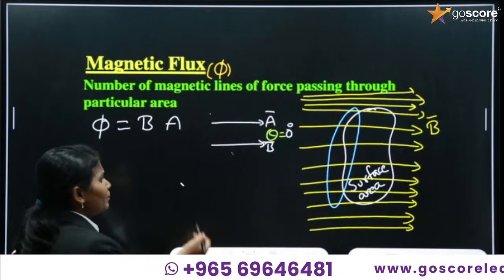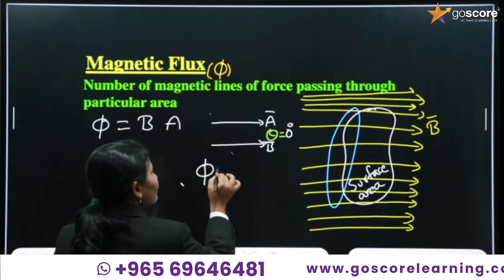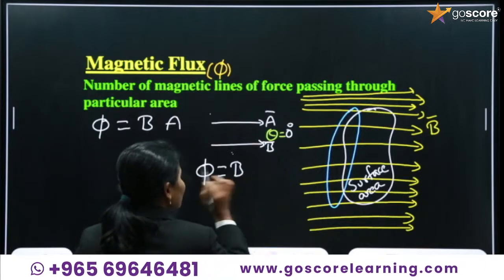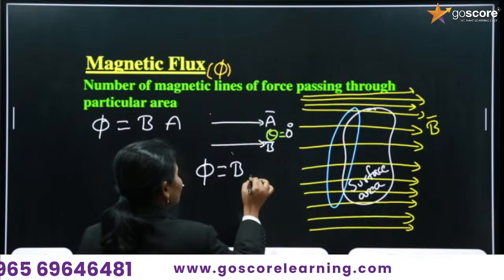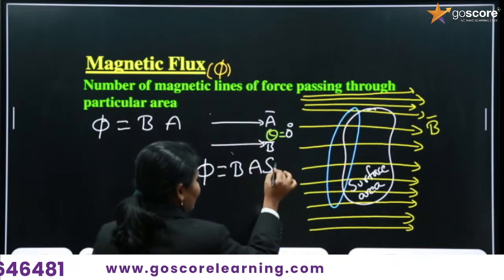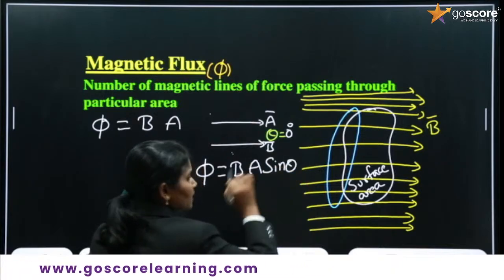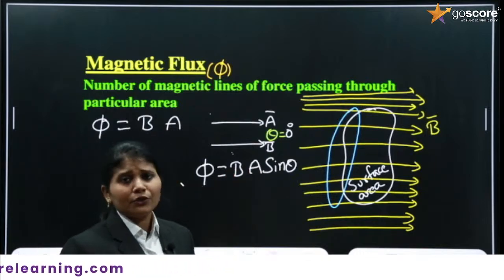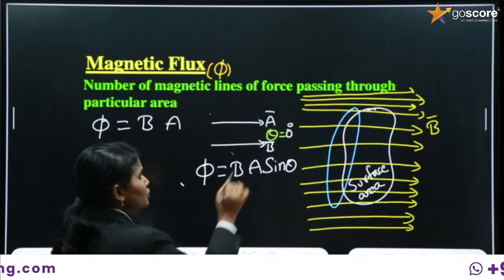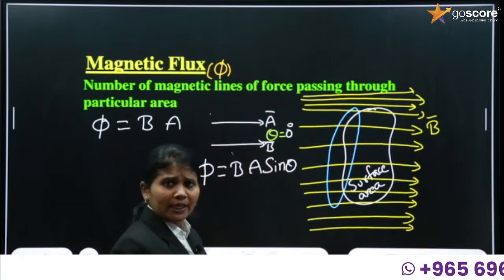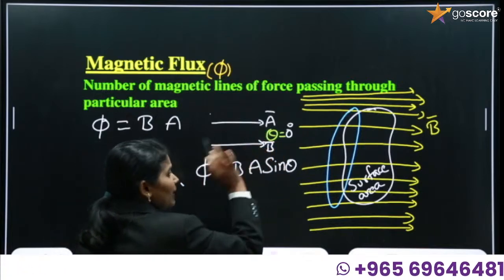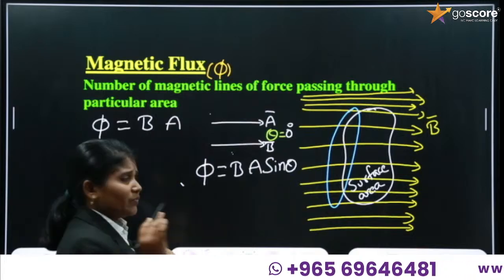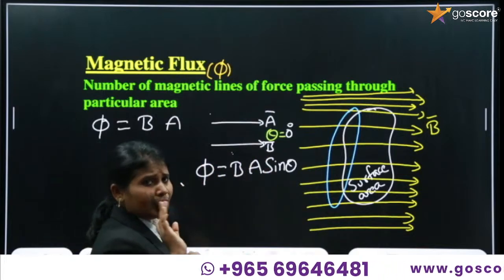Then if I take flux as the vector product, what is the equation, guys? Phi is equal to BA sin theta. For a vector product, this is the formula. Substitute theta is equal to 0 degrees, because area and magnetic field are parallel.